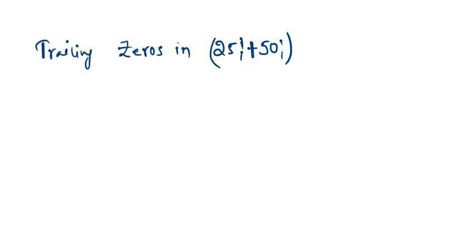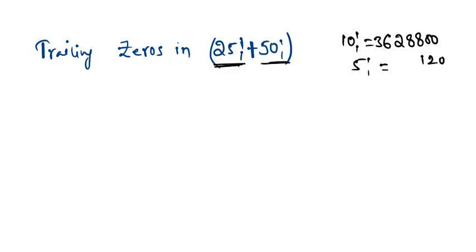Next, trailing zeros in 25 factorial plus 50 factorial. Before solving that, just look at 10 factorial. What is the value of 10 factorial? 10 factorial equal to 3628800. Next, 5 factorial will be equal to 120.